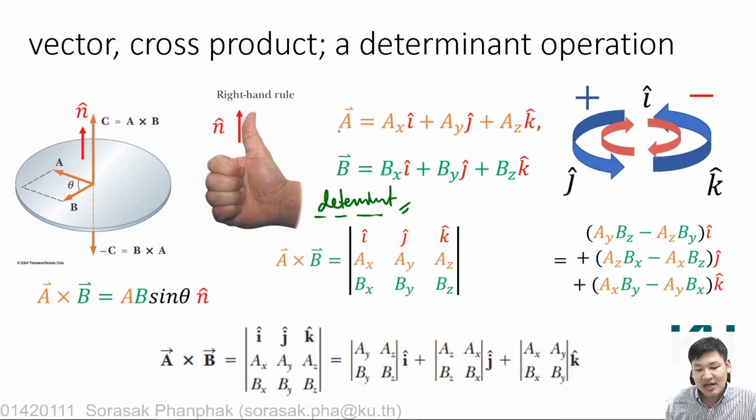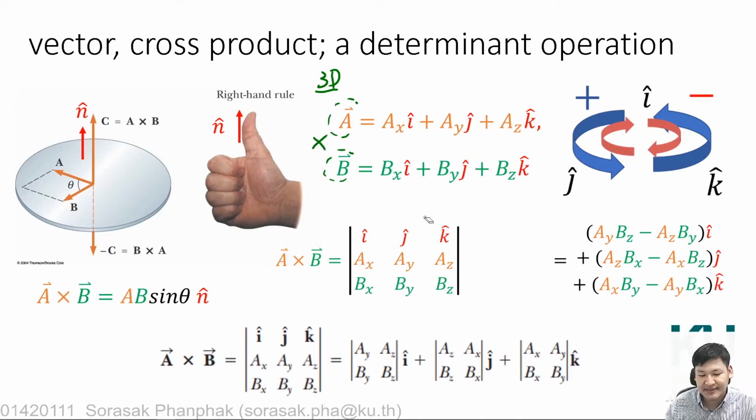So if you have vector A with components in 3 dimensions, AX, AY, and AZ in the directions of i, j, k, and also vector B, and these two vectors are crossing each other, how can you find the resultant vector? You write down the individual directions i, j, k, and for vector A cross vector B, you insert the components of vector A, AX, AY, and AZ here.